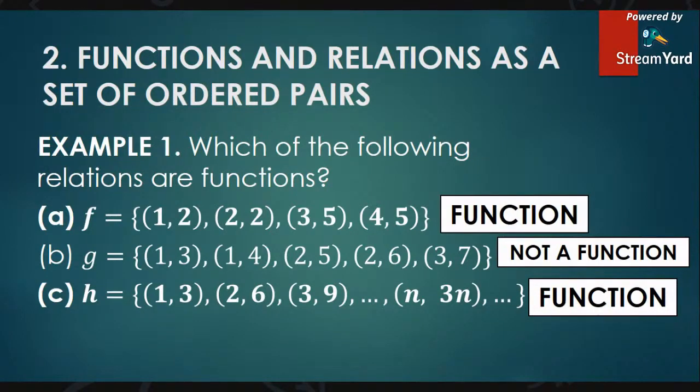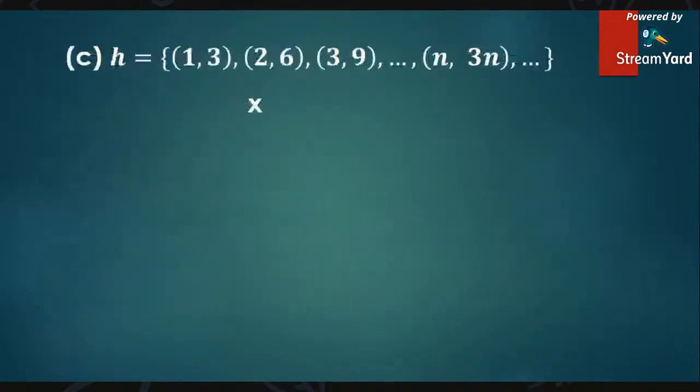For example, we substitute a value for n, let's say 4. So 4 is our x because we replaced n with 4. Then 3 times 4 is 12, so that is its y, the next ordered pair.